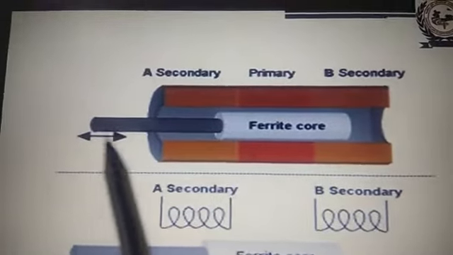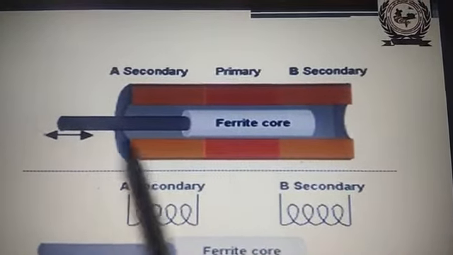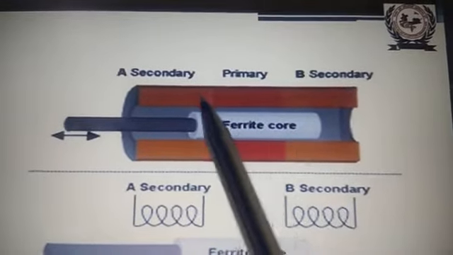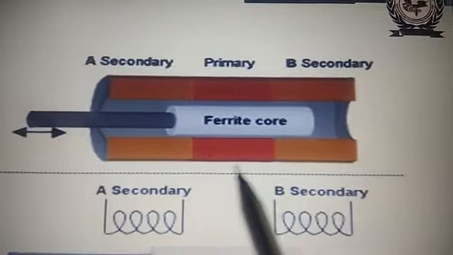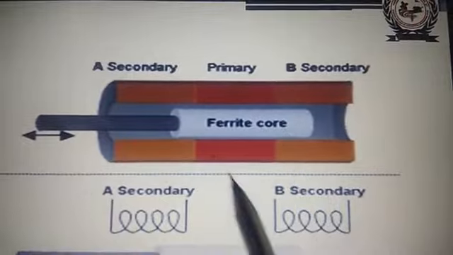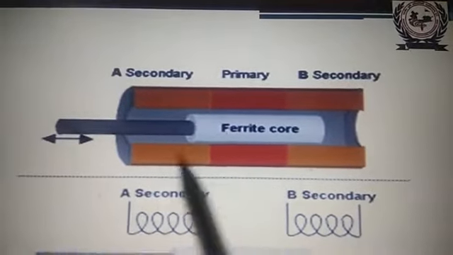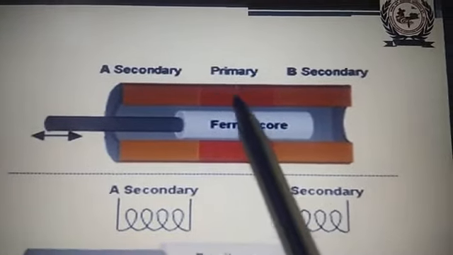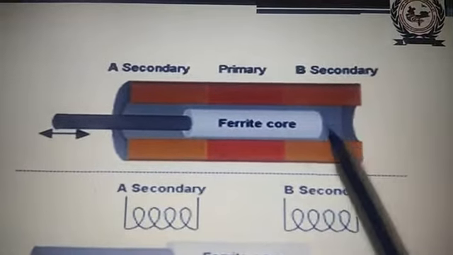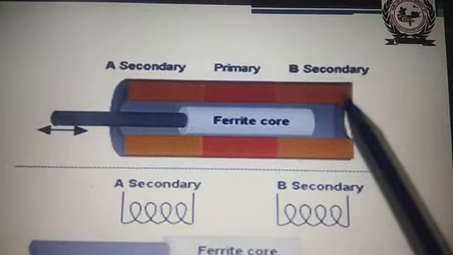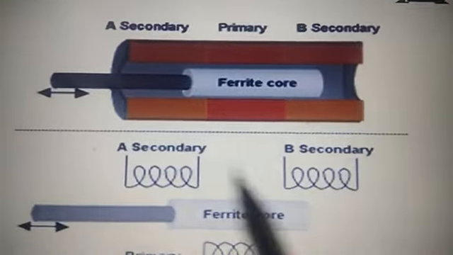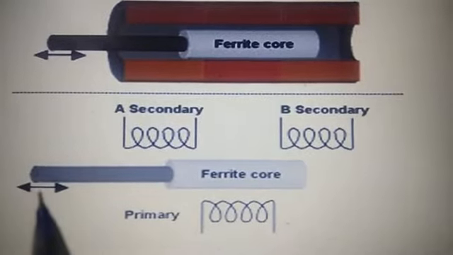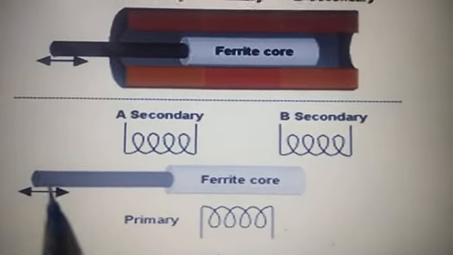This is the ferrite core used inside this hollow cylinder, and this part is the primary of the transformer and this part is the secondary of the transformer. Around this primary, two secondaries are there, secondary A and secondary B. This is A secondary, this is B secondary, this is the ferrite core, and this is movable in the core.